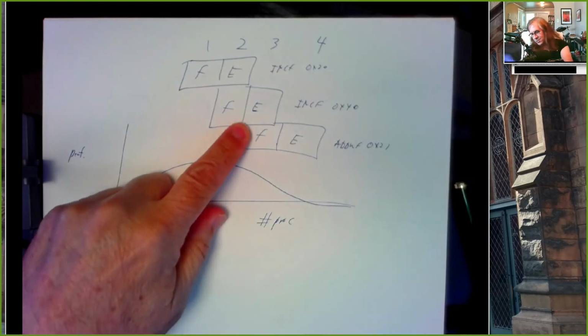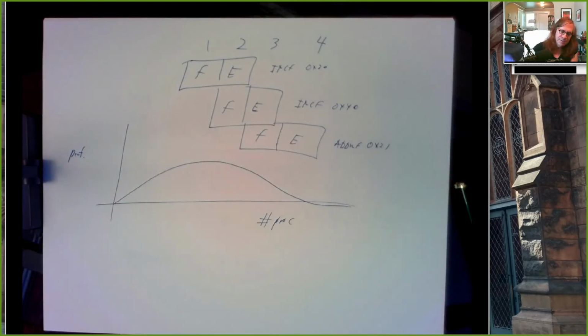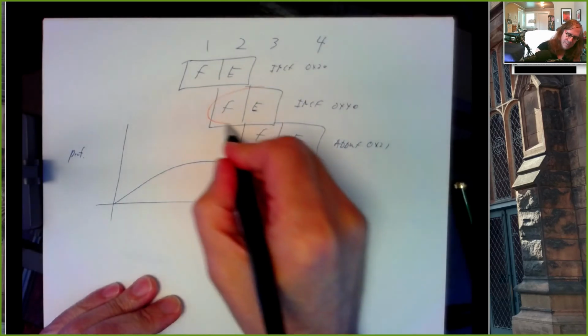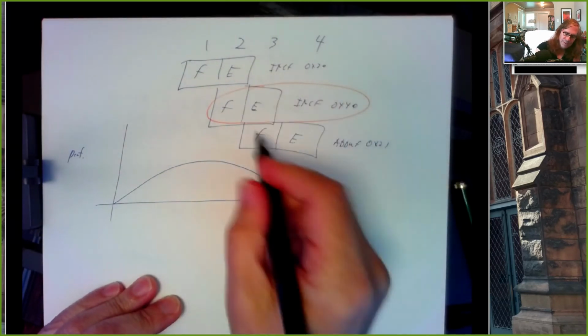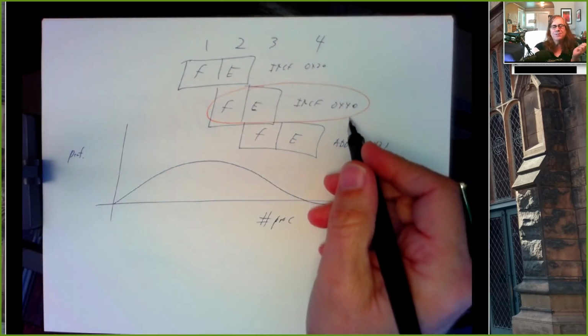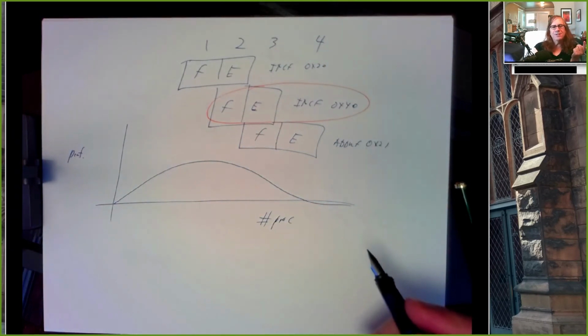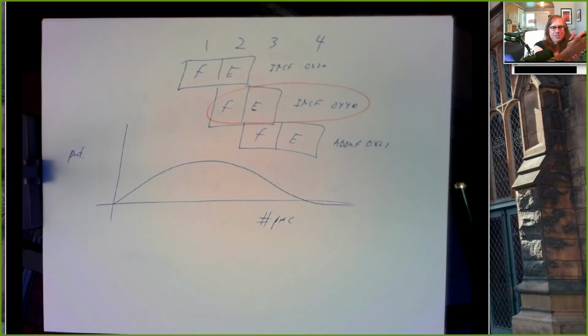When this instruction is executing, what's it doing? It's incrementing file register 40. So it has to read file register 40, add 1 to it, write it back in. And while it's doing that, it reads something from location 40, it increments it, it writes it back.